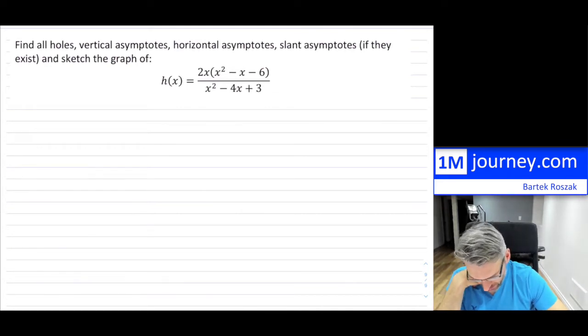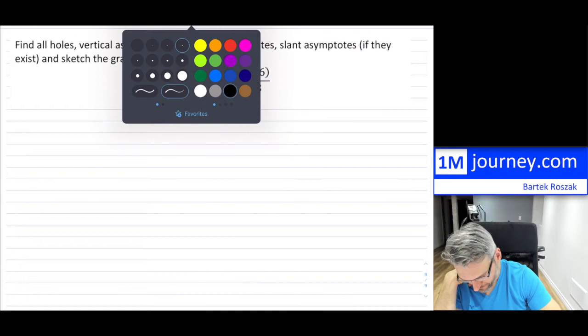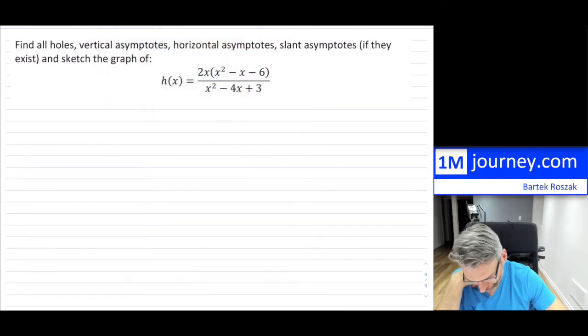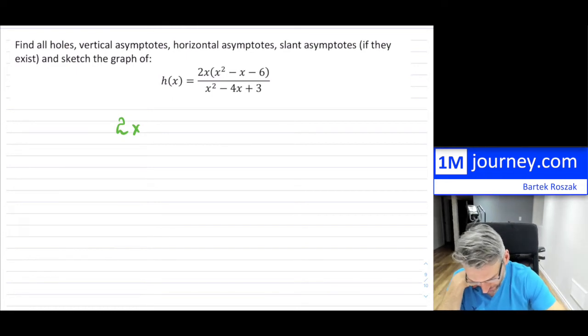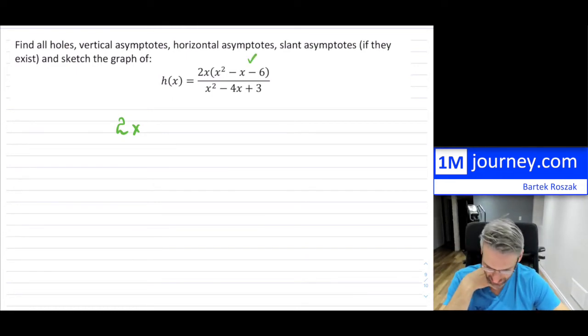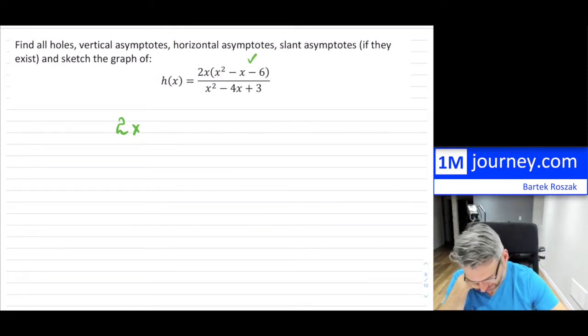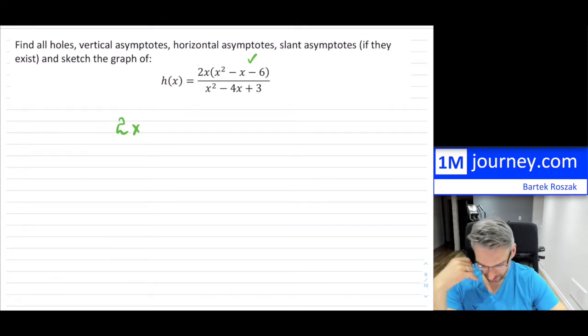I hope this is factorable as well. So 2x, and then x squared minus x minus 6. I'm just trying to see, it's a quadratic.